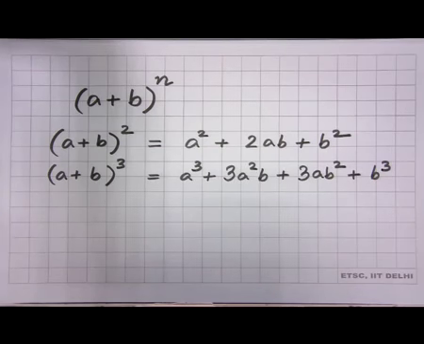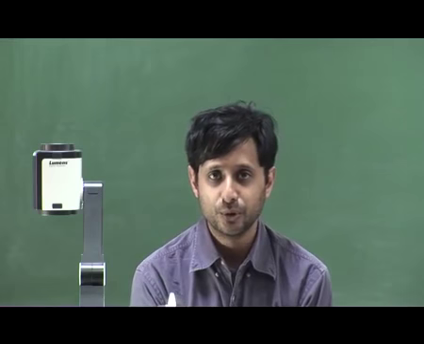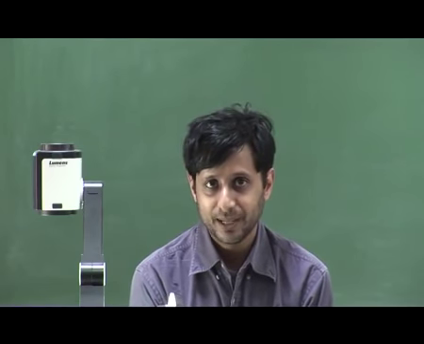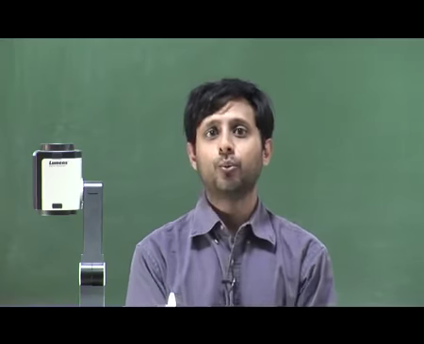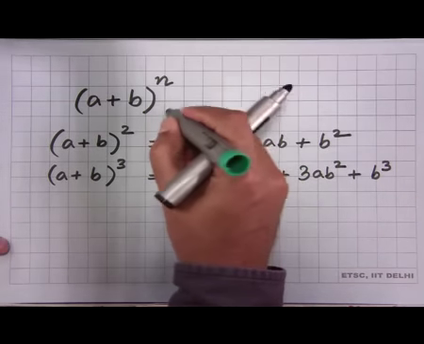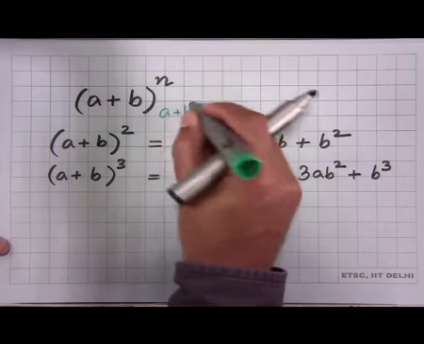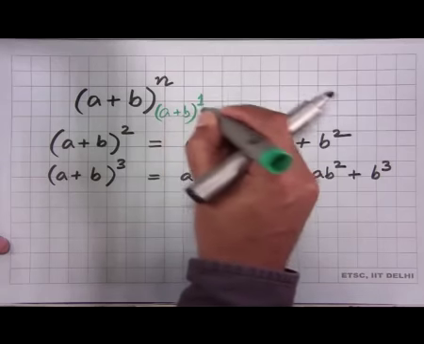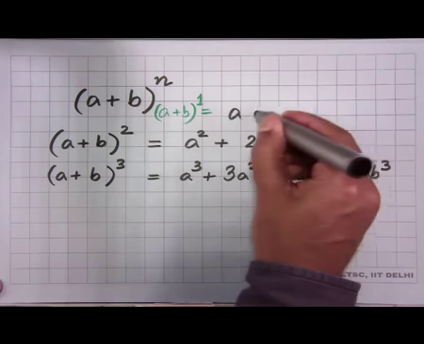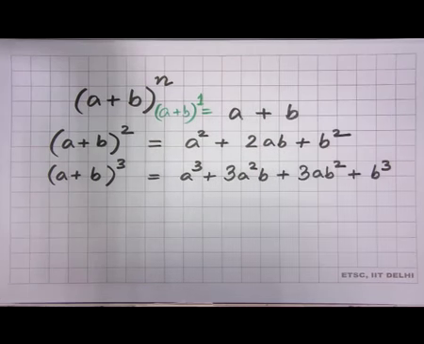Now, there are two more things that you know I did not write, and one is a plus b whole power 1. So, there is no space over here, a plus b whole power 1, and that is equal to a plus b.